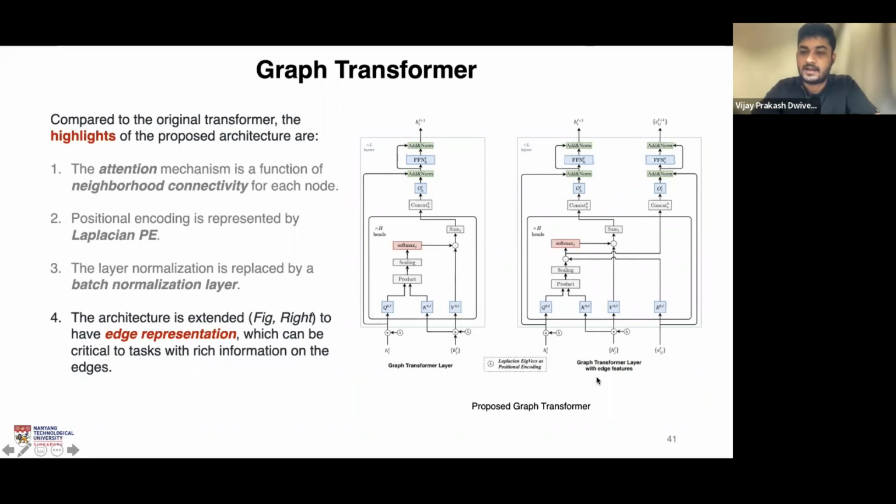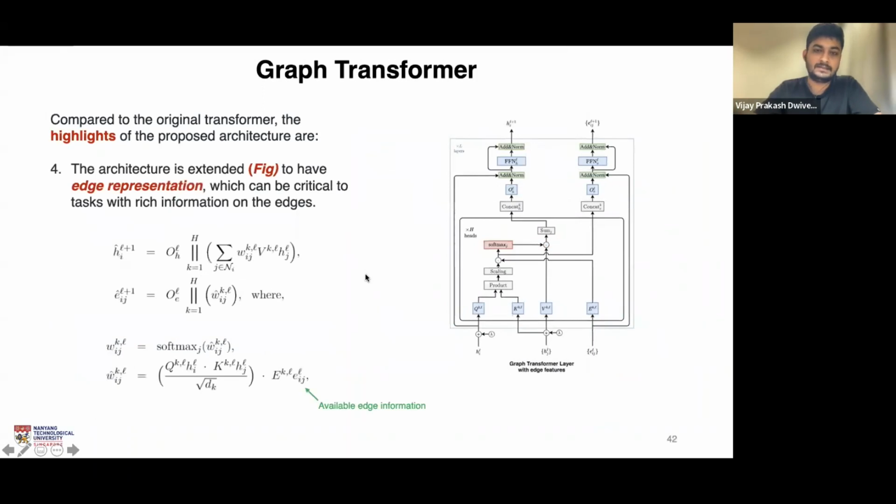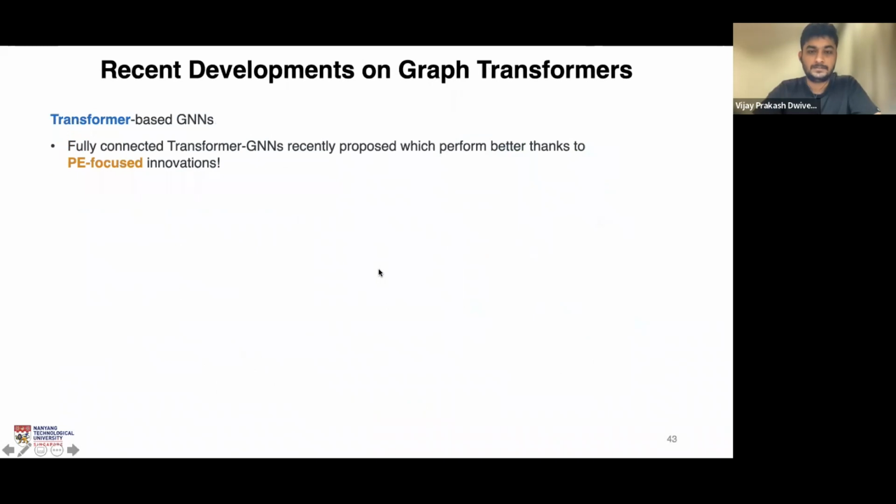So this architecture takes into account any available edge information that is present in the dataset. So this becomes the graph transformer finally, where we have all these capabilities: the positional encoding, the local attention, and also the edge information. And the edge information is used in the softmax attention function.